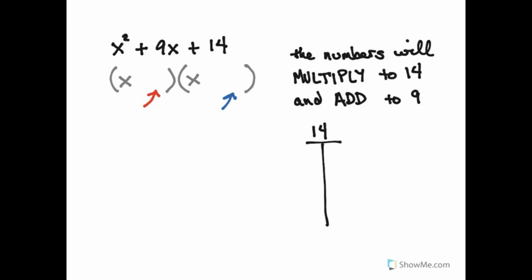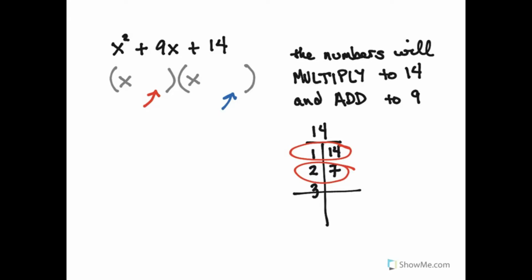The square root of 14 is only 3 point something, so I only have to write the first three numbers. Now, 1 goes into 14 14 times, and 2 goes into 14 7 times, and 3 doesn't. So I have two possible factor pairs that would multiply to give me 14.